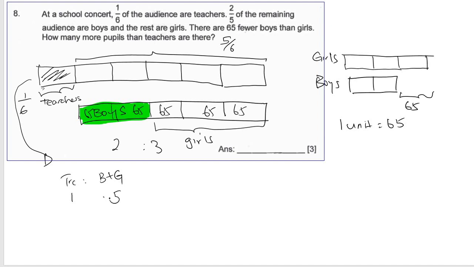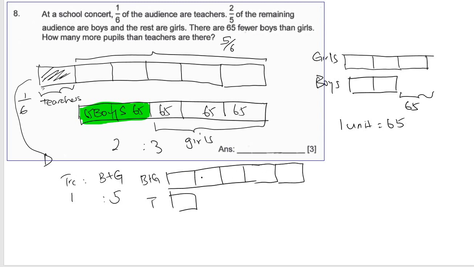Okay, this is the ratio. So if teachers I draw 1, boys plus girls equals 5. 1, 2, 3, 4, 5.